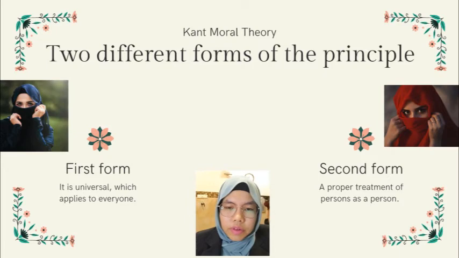Therefore, for Kant's theory, Kant believes that we should treat persons or individuals as having value in themselves and not just having instrumental value. Therefore, Muslim women are supposed to be treated as having value in themselves, especially women who wear burqas.